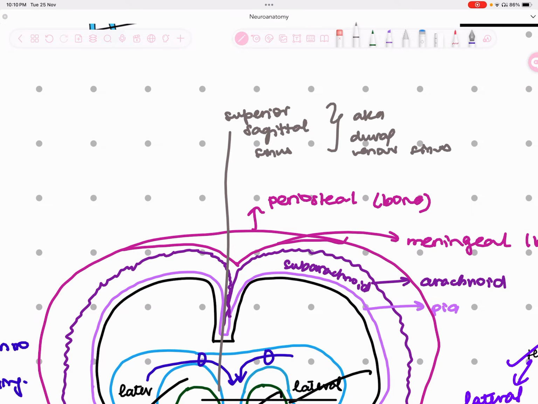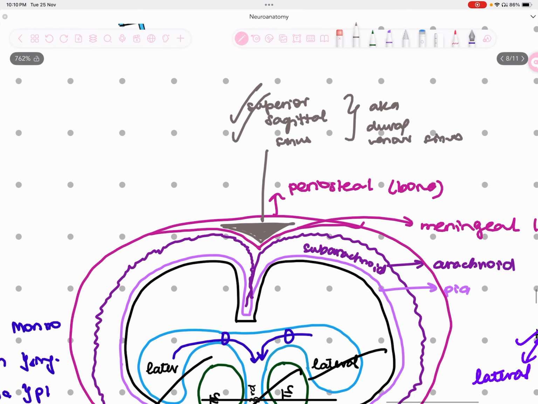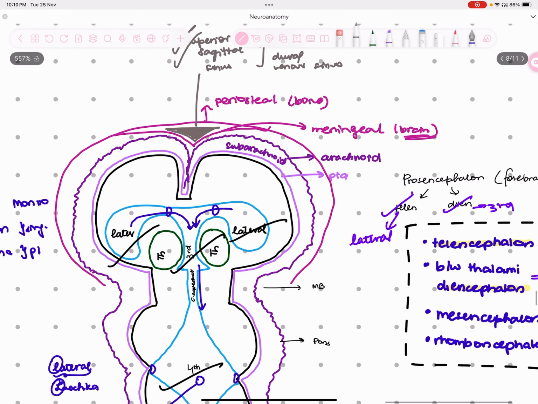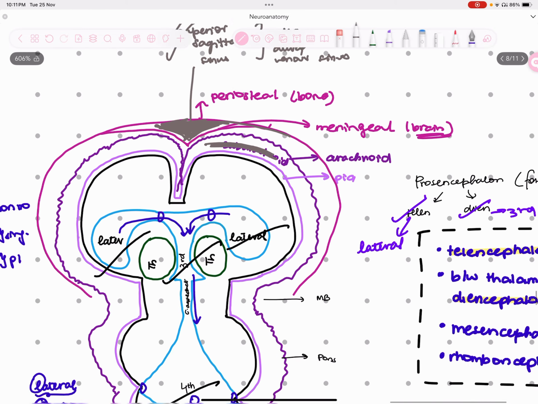Now, what happens exactly is, this is that cavity, right? How did I label it? Superior sagittal sinus or dural venous sinus, right? It is between the periosteal and meningeal layers of the dura mater. So this is the dura mater, and this is the subarachnoid space, and this is the superior sagittal sinus. I hope that is clear.